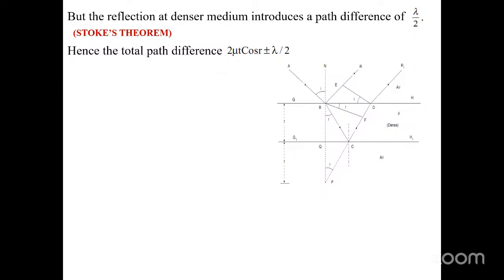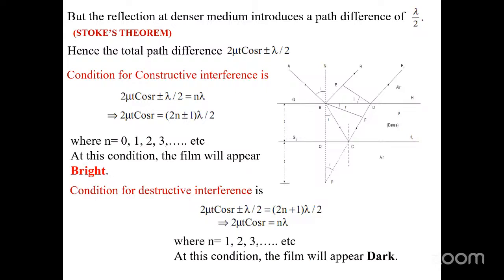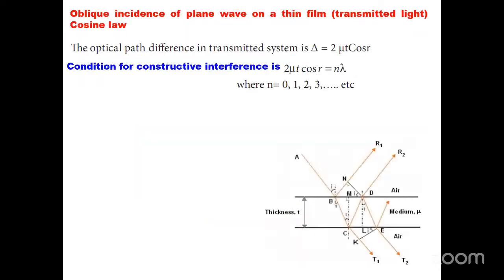For reflection, the other ray is also there, but you have no need of this condition. Here the optical path difference is for transmitted light, before that for reflected light.